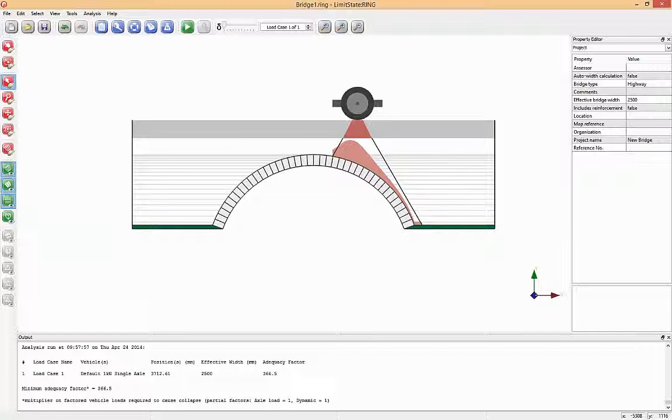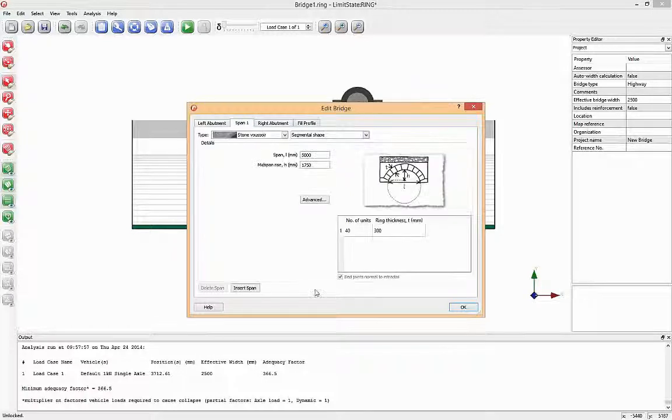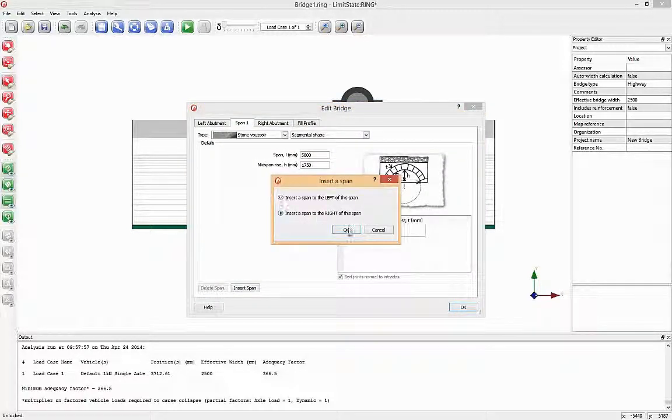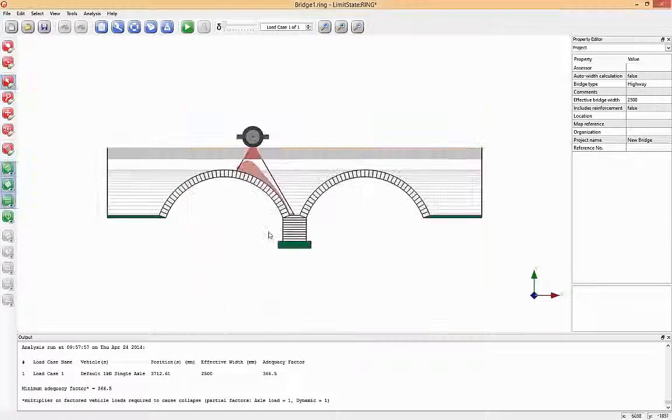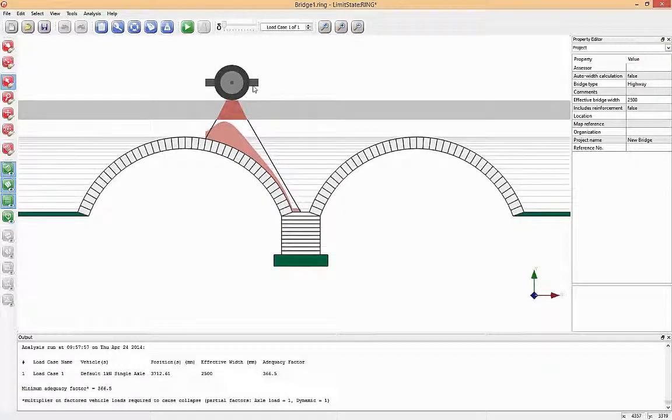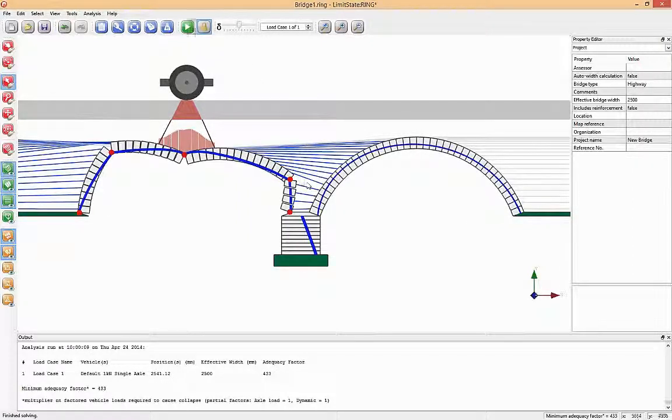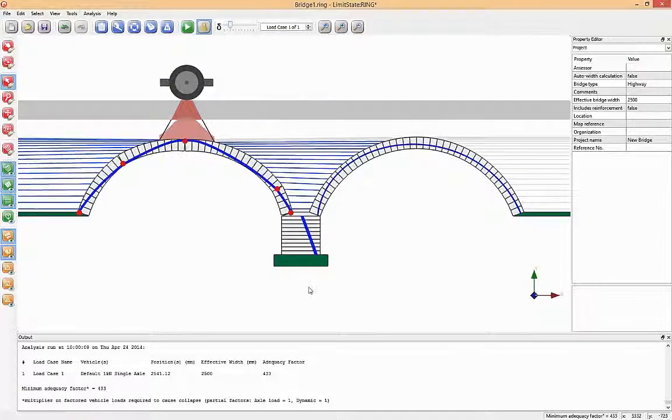How can I get the reactions for the pier and abutments? So, for example, if I have a pier, in this particular example I'll add a pier. Here we've got my analysis.